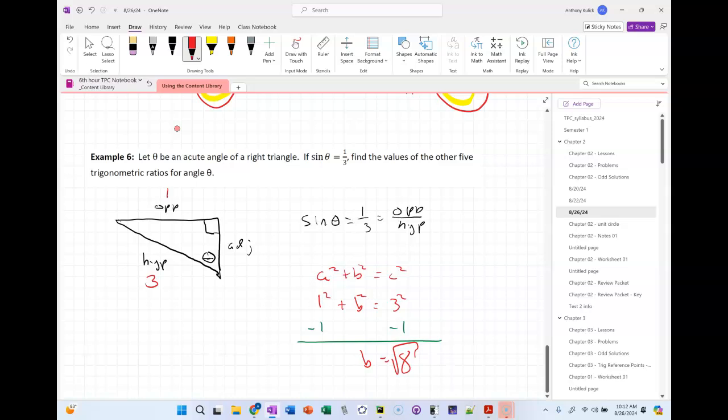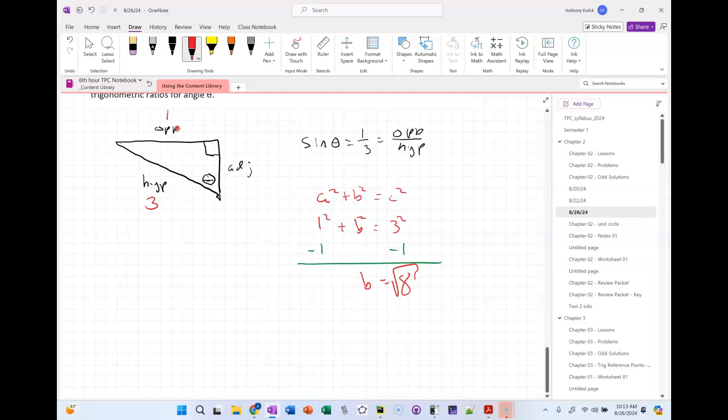Is everybody okay with me kind of scooting through the algebra a little quick there? I think it was fairly straightforward algebra, and I talked through what I did, right? Can we simplify the radical square root of 8 at all? Yes. Good. So the easiest way to simplify a radical is to ask, can I break this up into a factor that is a perfect square?